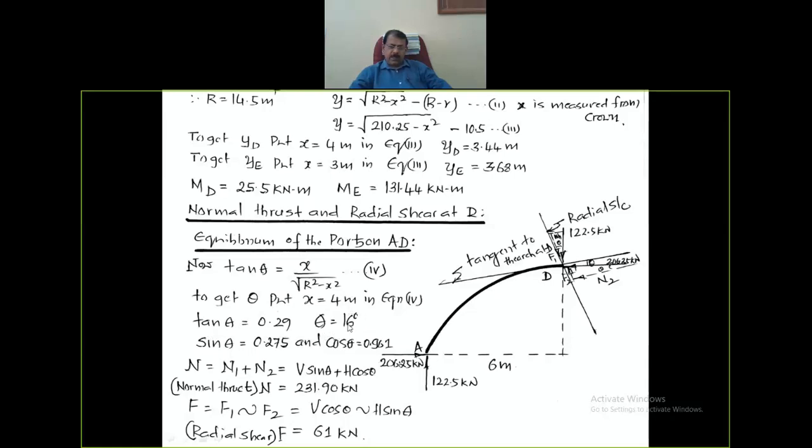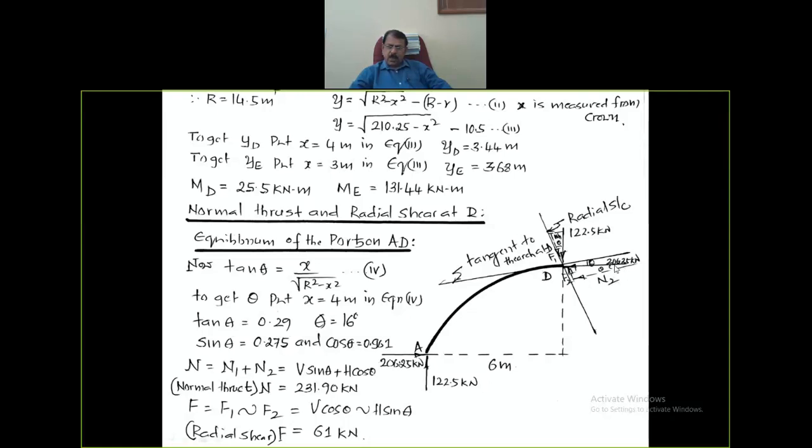Once you know theta, calculate sine theta and cos theta, because in order to calculate the normal thrust and radial shear developed at the point D, we need to go for resolution. Resolve 122.5 kilonewton in two mutually perpendicular directions, one component parallel to the radial section, the other parallel to the tangential direction.